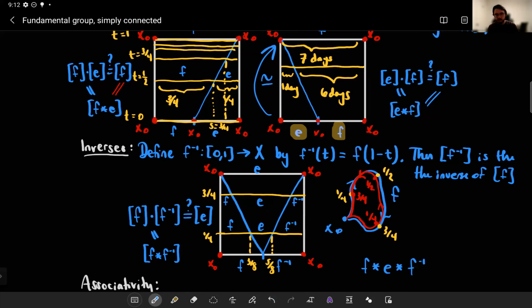And so it's kind of weird. You have to think about, okay, how do I want to order these? Maybe I want to start by doing F concatenate E and then concatenate that with F inverse. So really one of them is going to go at like quadruple speed. So it's weird, but we don't have to get into the weeds there.